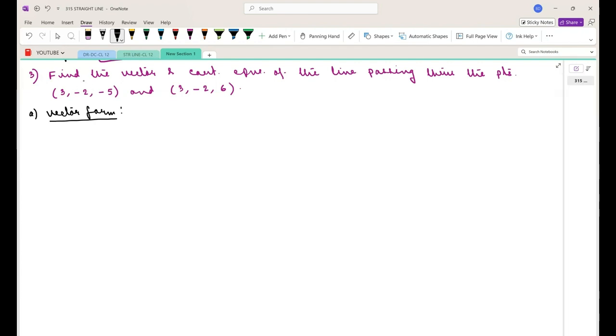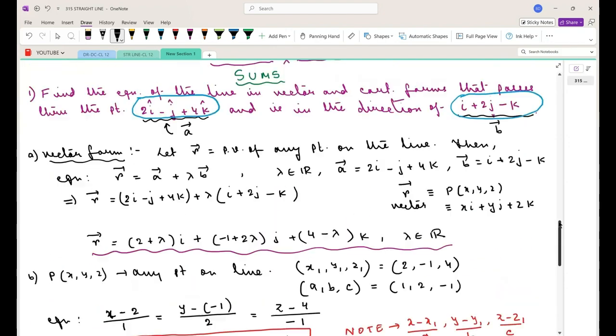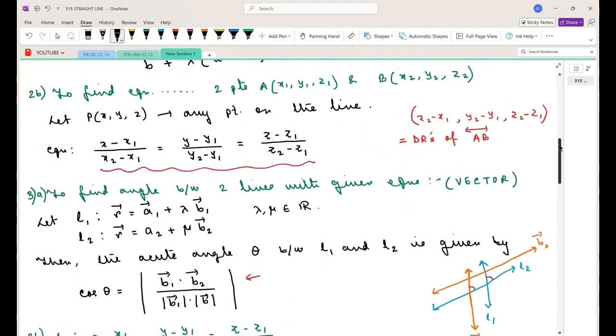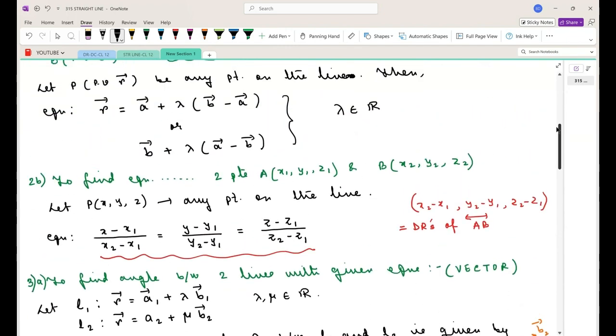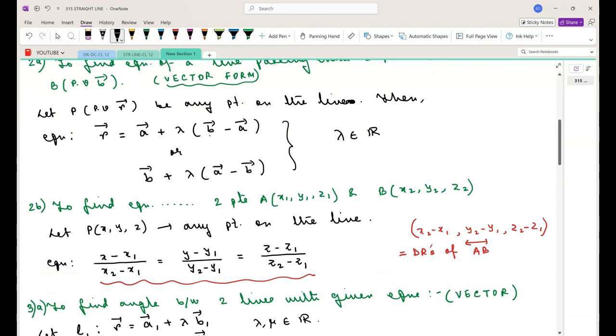Suppose we name them, say this is point A and this is point B. So in the vector form, we know the equation is r equal to a plus lambda (b minus a). Okay, so just check it once. Yes, a plus lambda (b minus a).